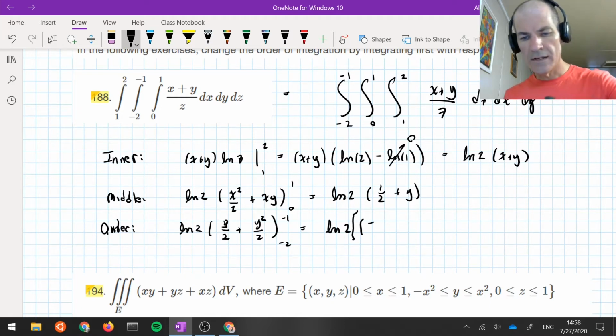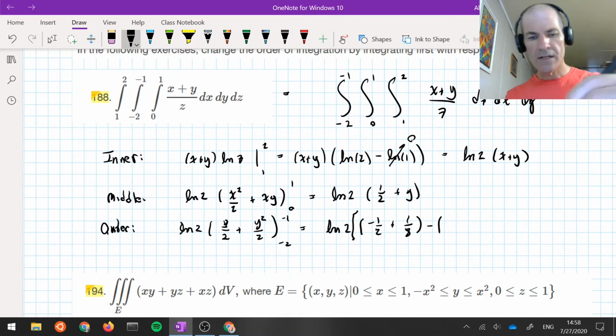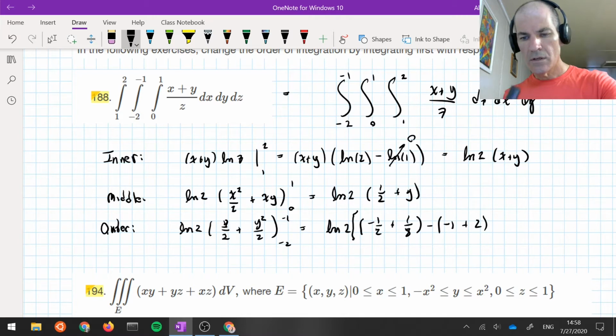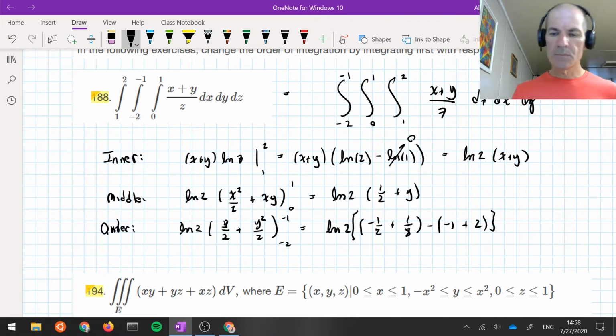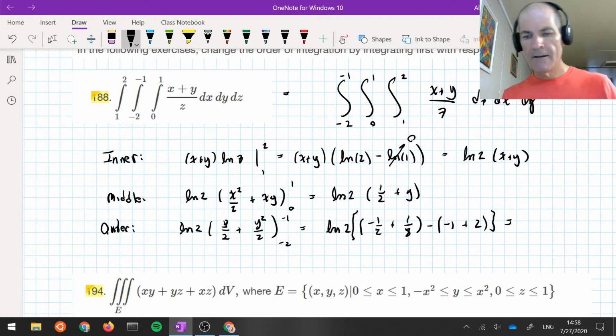Plugging in -1, -1/2 plus 1/8, minus the quantity, plugging in -2, that's -1 plus 2. And let's simplify. We've gone this far, we might as well simplify as much as we can. What do we have here?